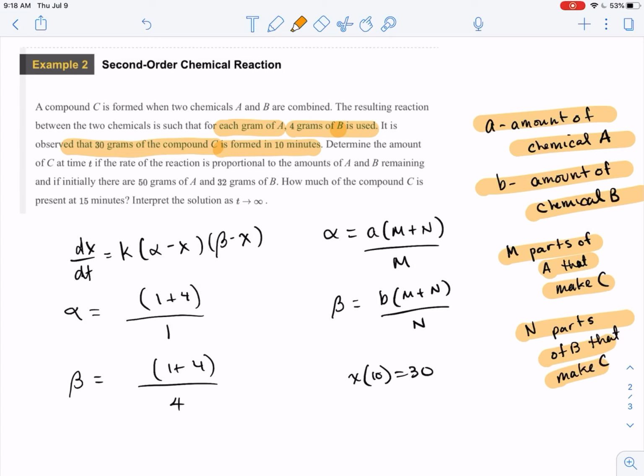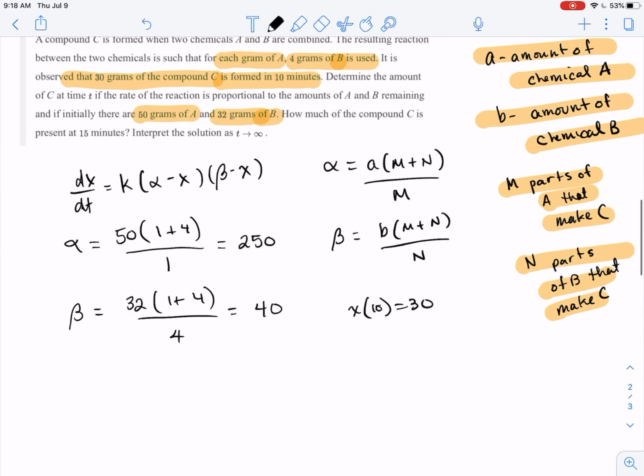Initially there are 50 grams of A and 32 grams of B, so this is 250 and this is 40. Now we set up the equation: dx over dt equals k times 250 minus x times 40 minus x.